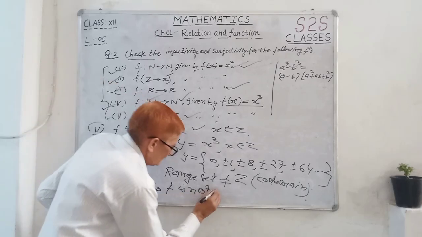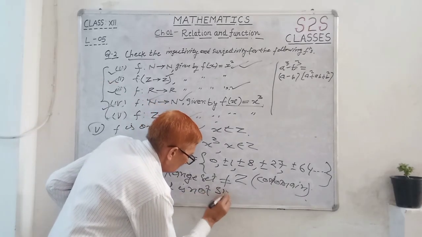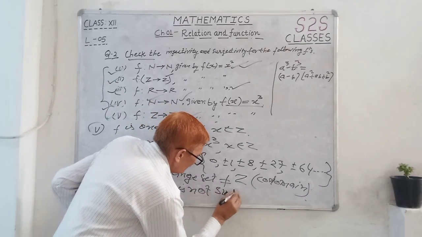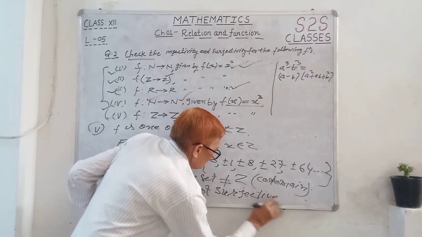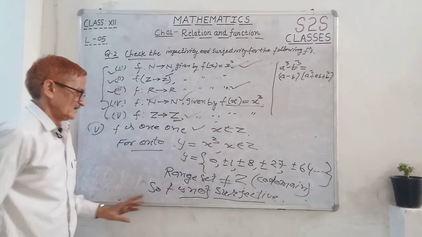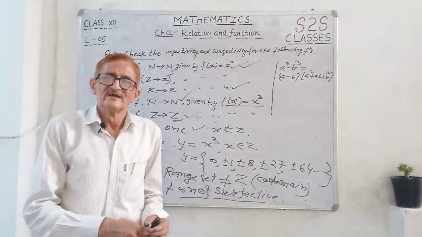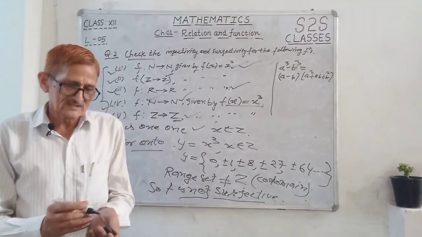Onto means surjective, so hence it is not surjective. Done. Now today this much.